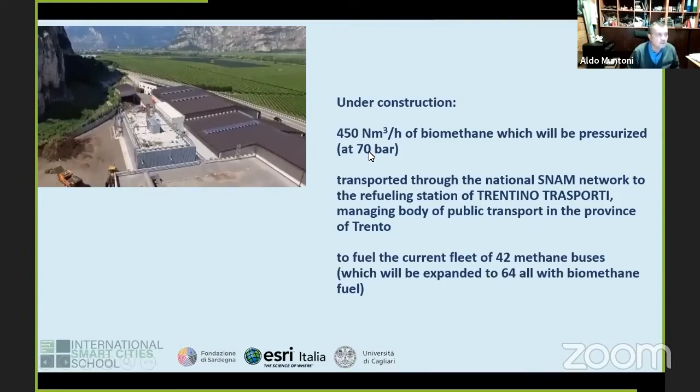And in Trento, they decided to use it for the vehicles, because you can read here that they are building, in cooperation with SNAM, a connection to bring the gas which is produced from the food waste to the recovery station of the buses which circulate in the city of Trento, that in the next years will be fueled only by methane.